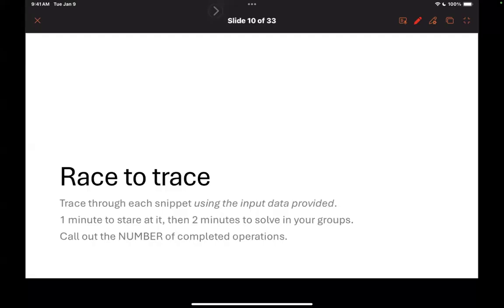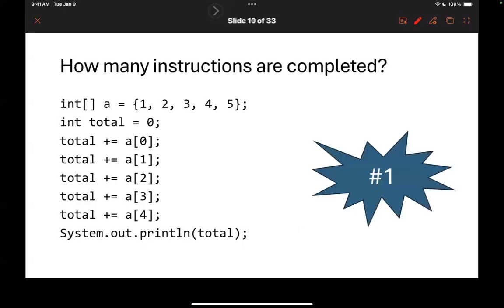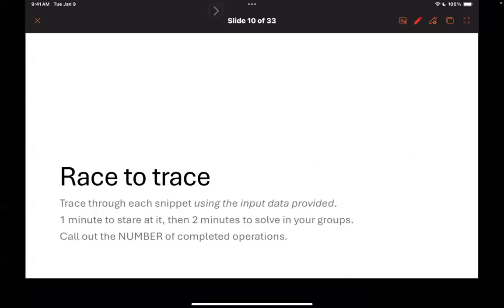Okay, I have an activity for you and your groups called Race to Trace. I'm going to give you a snippet of code. It starts easy, then they get hard. I'm going to give you 1 minute to stare at it, and then 2 minutes to talk about it in your groups.